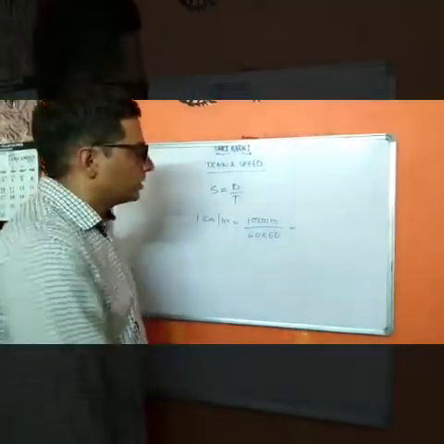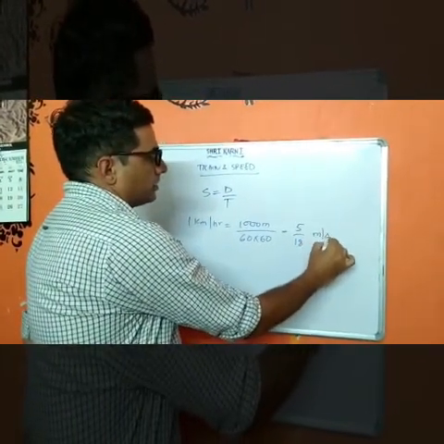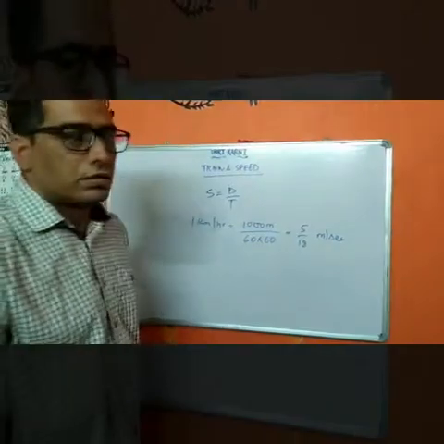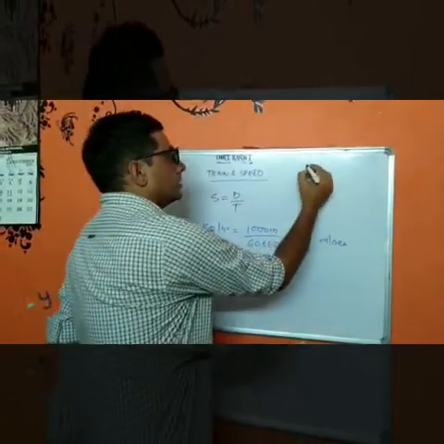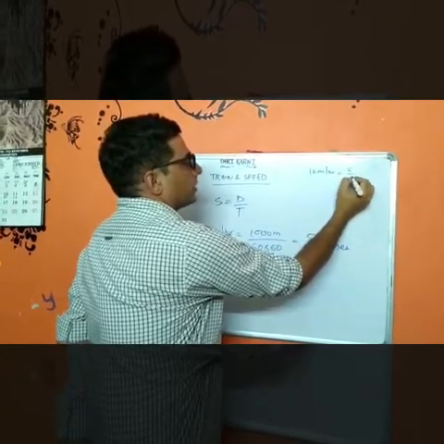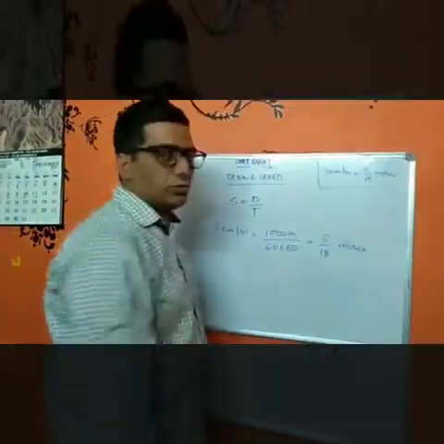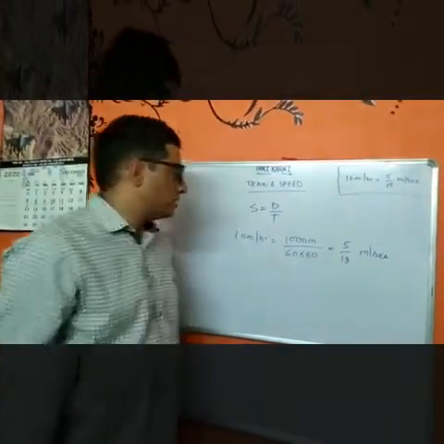That will come to 5 by 18 meter per second. So we will write this as 1 kilometer per hour equal to 5 by 18 meter per second. We will use this in the later part.